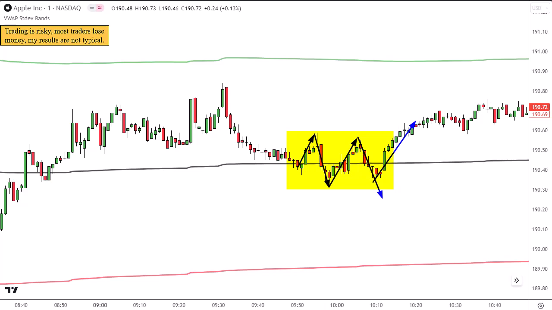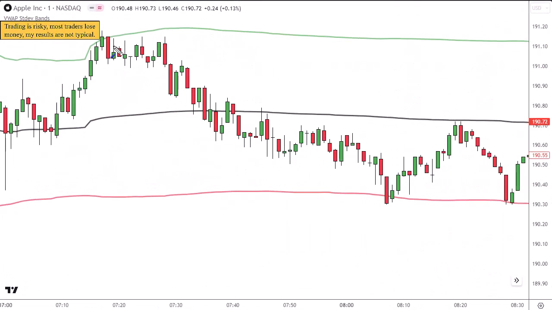So that's number one. Number two for today's lesson, and let me switch charts here. What I shared in the first part of the series is that we're going to wait for price to get to 2 standard deviations away from VWAP, and then we're going to trade it back toward it. So again, that's that edge.